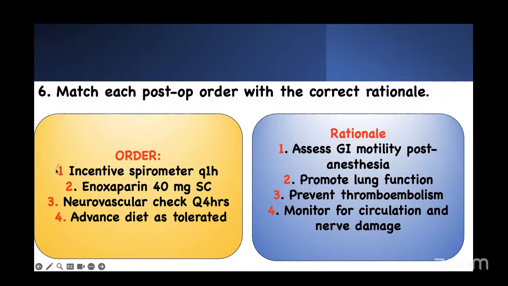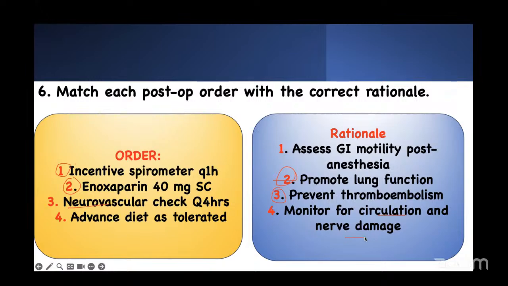Why are we giving incentive spirometer? It's because lung function, right? Why are we giving them enoxaparin? What do you think? Why do I give it to you? I want to prevent thromboembolism. Why am I checking neurovascular check? Because I want to check your circulation and nerve damage during the procedure.